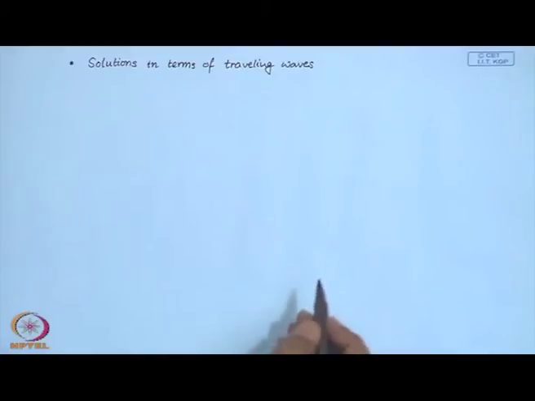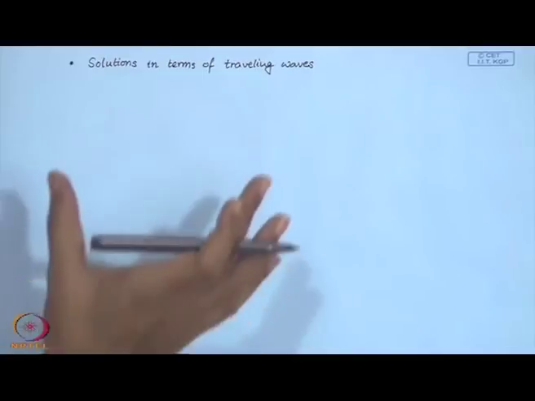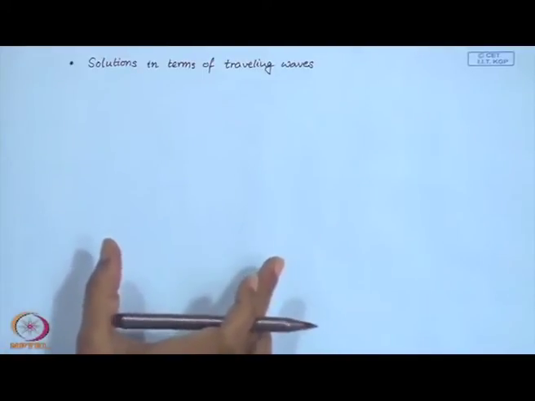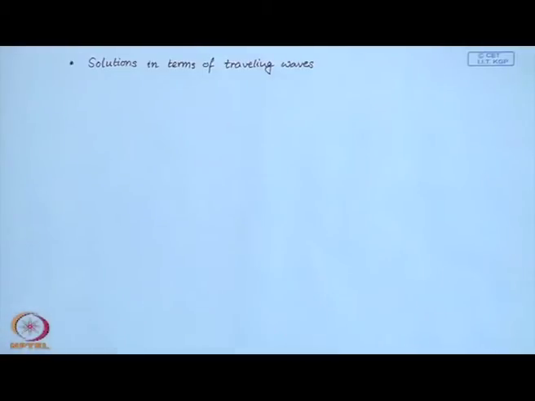In all these examples, we can understand the behavior of the system when we look at the solutions in terms of travelling waves. So, our motivation comes from these examples in which we find that either the eigenfrequencies do not exist, or the solution is very strange in terms of travelling disturbance.